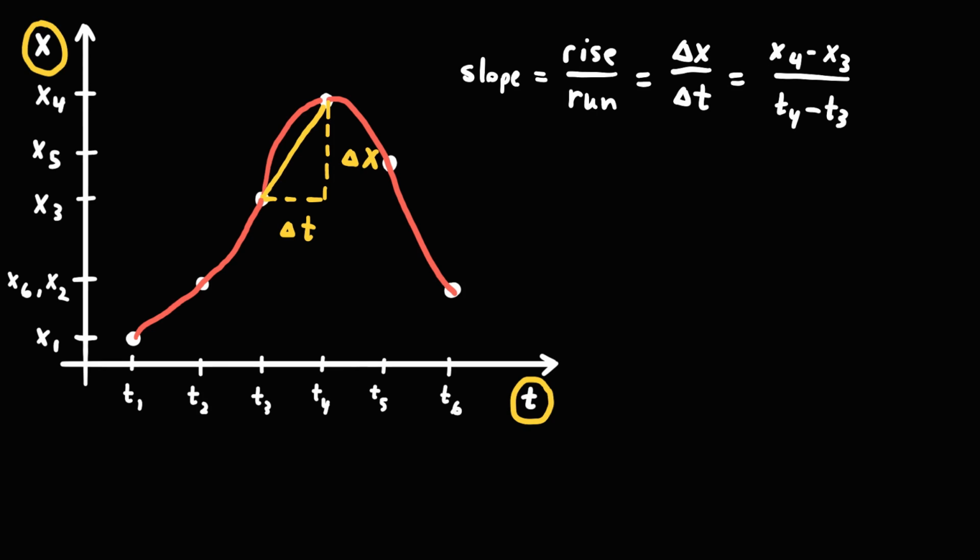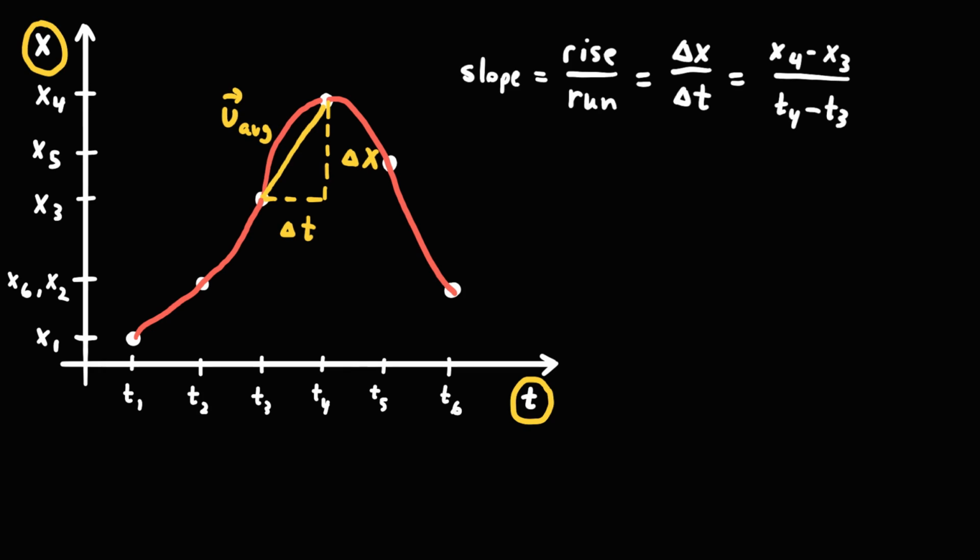And the reason why the slope of that line is so important, and maybe you've already seen this, is that it is telling us the change in position over the change in time, which we just saw was the average velocity of this object. And so the slope of this line represents the average velocity between those 2 points.